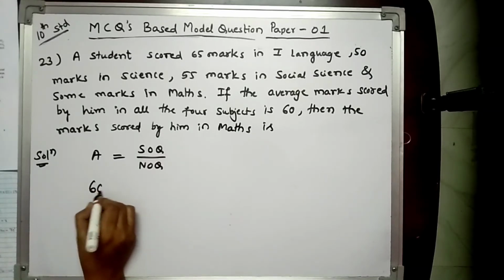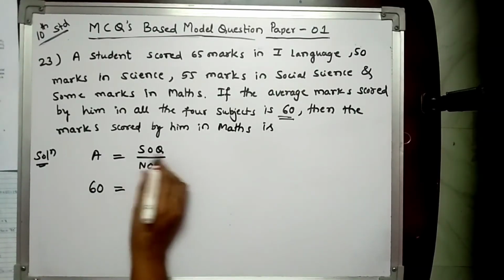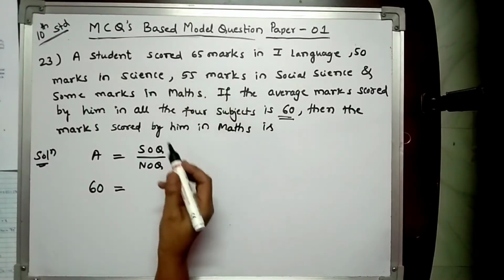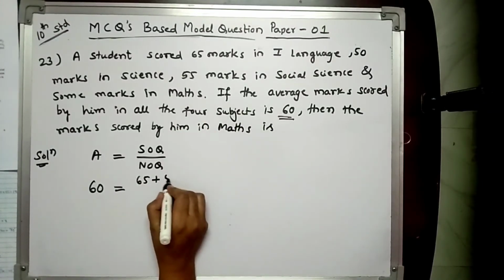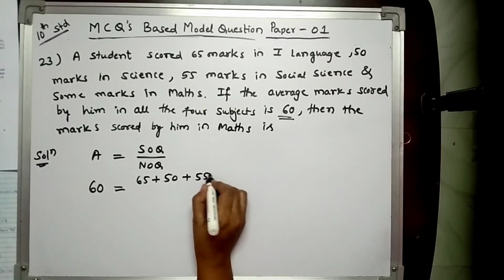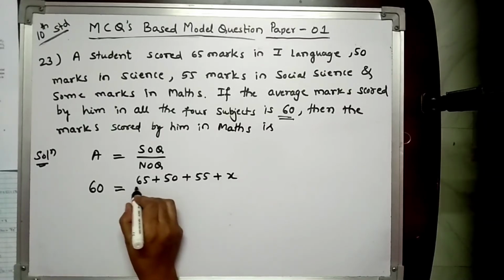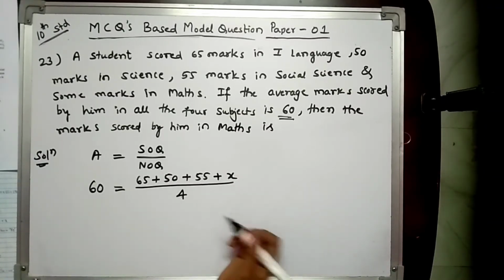Average they have given is 60. The sum of all the quantities means all the marks. Here first one is 65, second 50, third marks is 55, and the fourth subject, we don't know, x for mathematics. Then how many subjects? 4. That is the number of quantities.